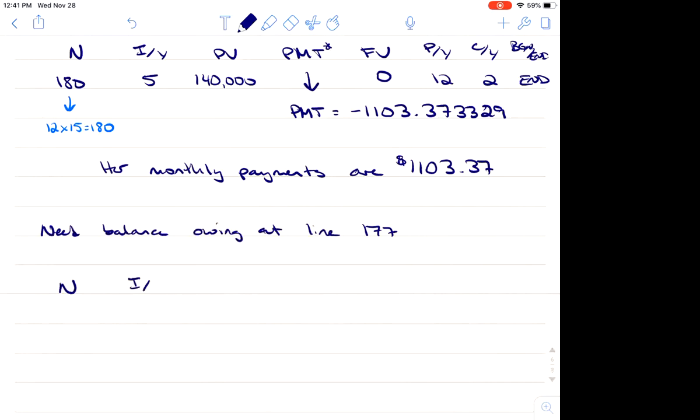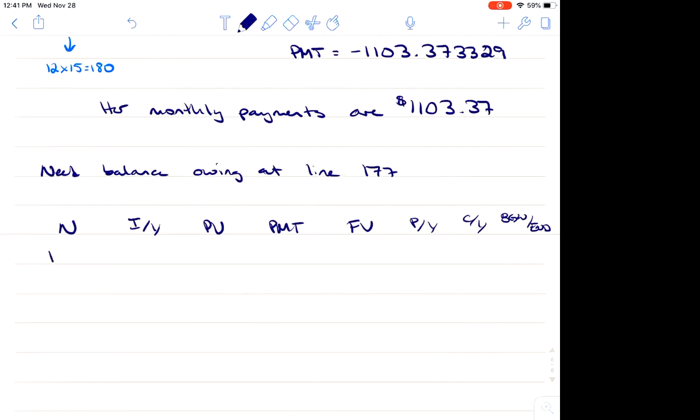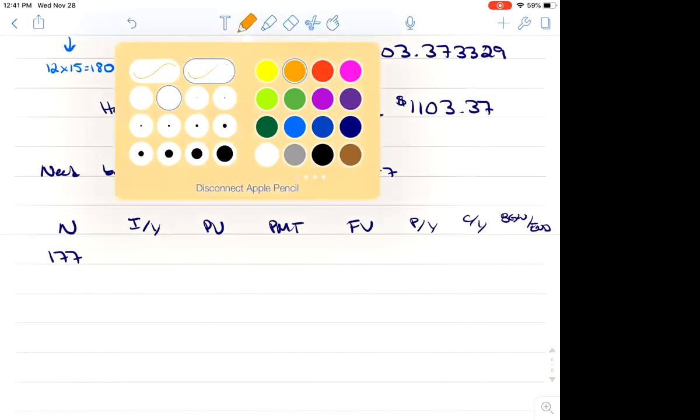And we need the interest per year, the present value, the payment amount, the future value, the payments per year, the compoundings per year, and the beginning or the end. And n has to be 177 now, and so that's changed from before.